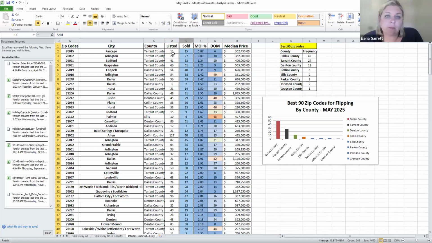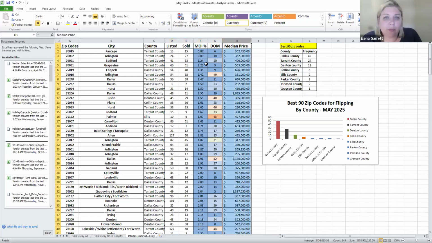Then we take the number of homes listed divided by the number of homes sold, and we receive months of inventory or absorption rate. On top of that, we're collecting data on days on market. How many days on average does it take to sell a house? And then we're also looking at the median price.